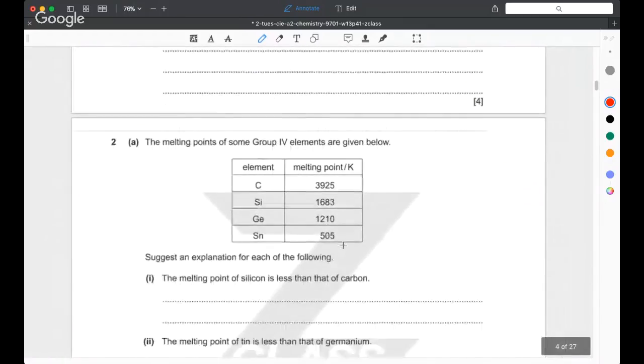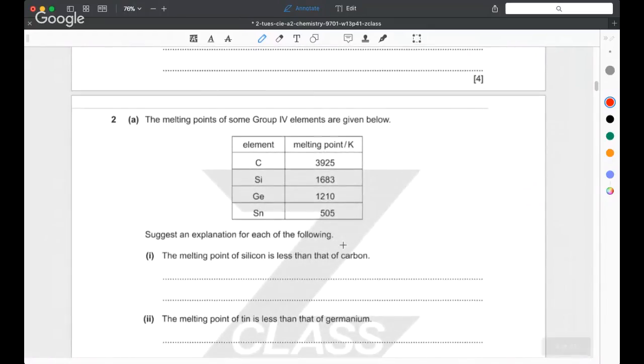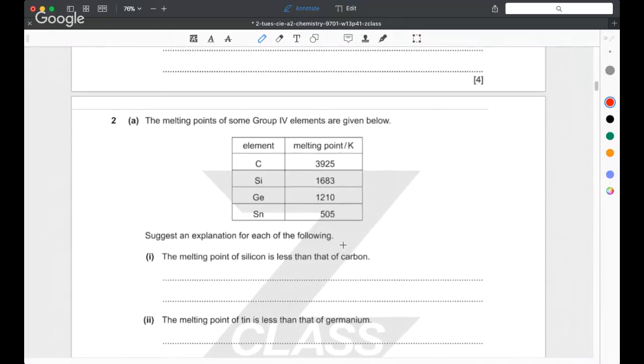Okay, now we're doing some more work on, I suppose this is in the sort of periodicity part of the course, looking at melting points of group 4 elements, comparing silicon and carbon. Well, they have covalently bonded giant structures. And so to melt carbon or to melt silicon, you've got to break the covalent bonds in the giant structures.